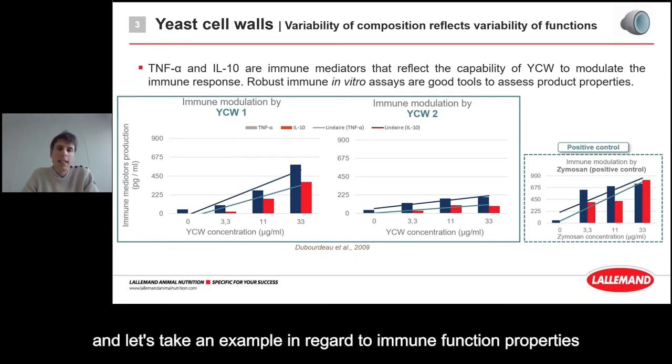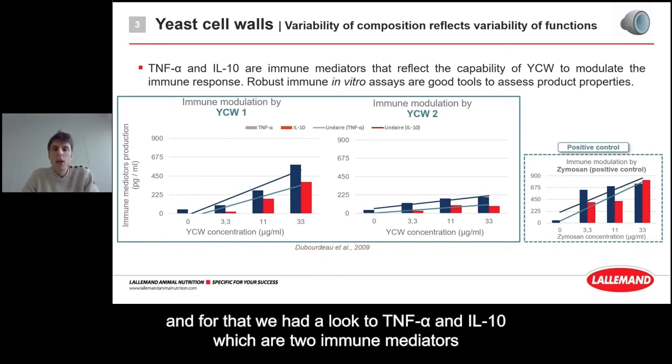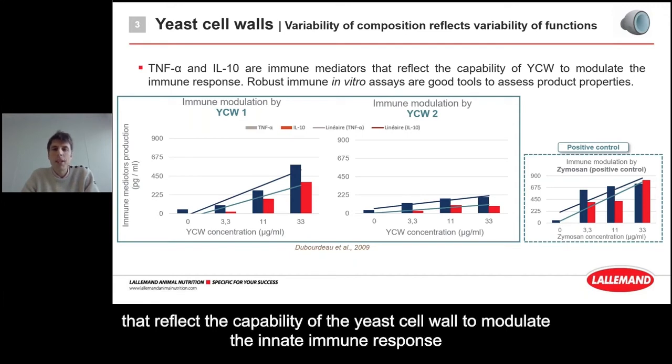Let's take an example in regard to immune function properties. For that, we had a look at TNF-alpha and interleukin-10, which are two immune mediators that reflect the capability of yeast cell wall to modulate the innate immune response.